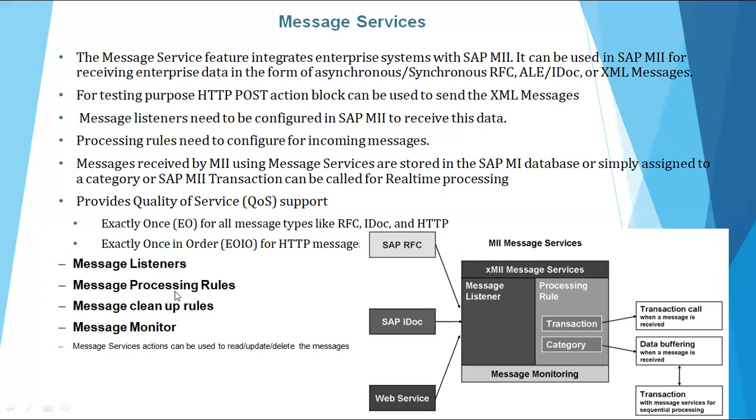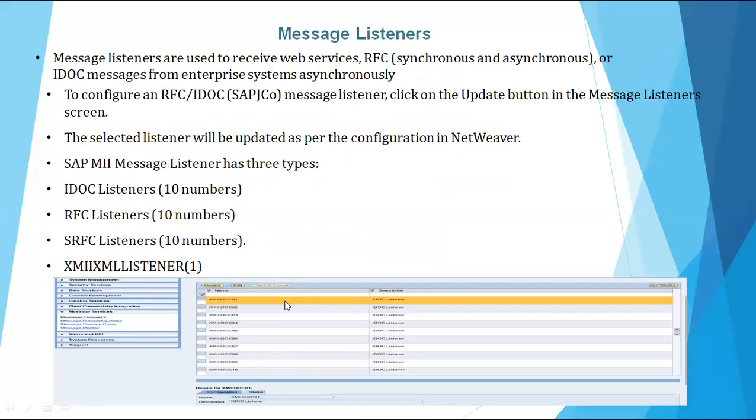Moving to the next, here you can see SAP MII has message listeners, with 10 IDOC listeners available in SAP MII. The meaning is that at a time you can connect 10 ERP systems, or even connect one ERP system with multiple clients.